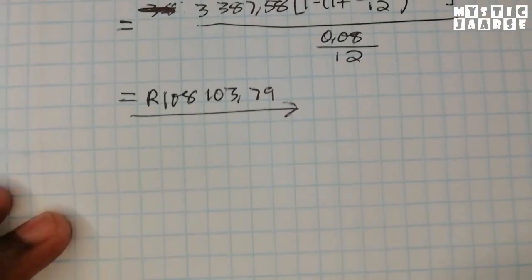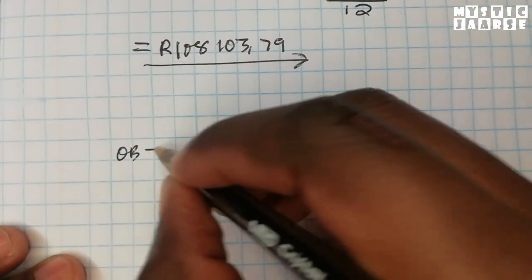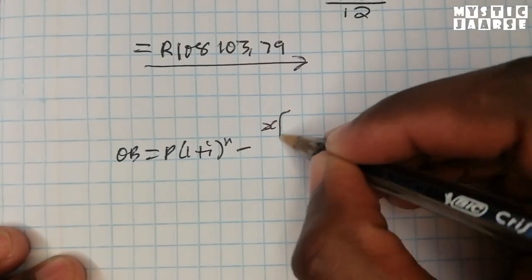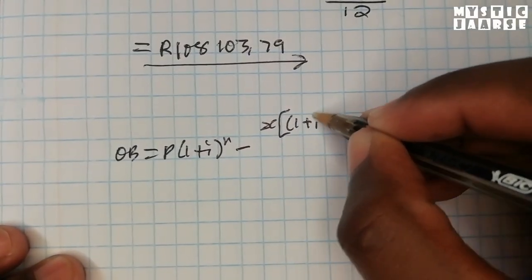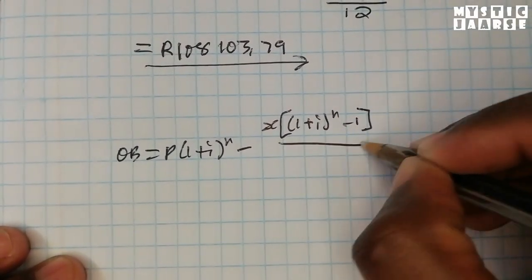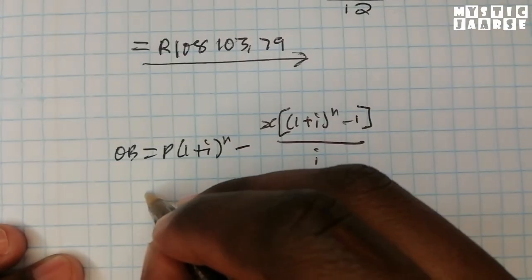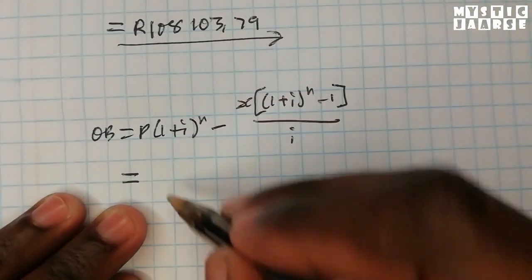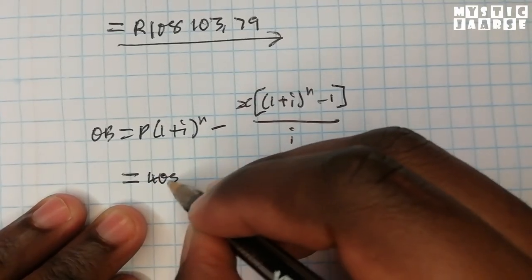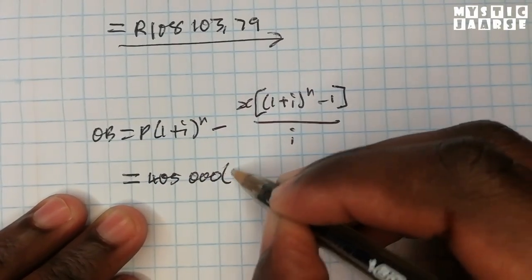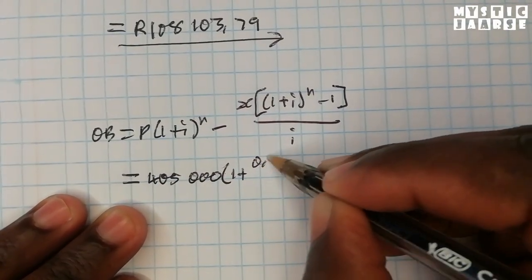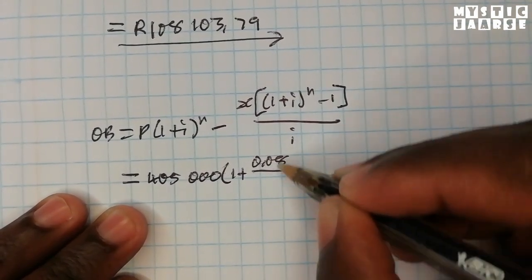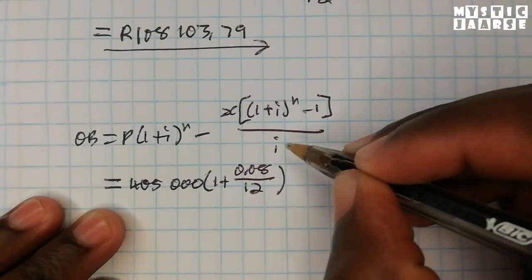So when we use the other formula, outstanding balance is equal to principal amount into 1 plus i to the power of n, minus x into 1 plus i to the power of n minus 1, close, divided by i. Our principal amount, the initial money that Mr. Williams borrowed from the bank, was 405,000 rands into 1 plus interest rate, 0,08, which is 8% divided by 100, divided by compounding frequency 12, to the power of.